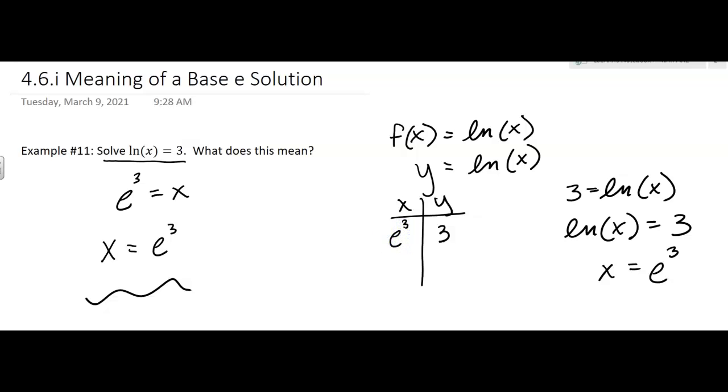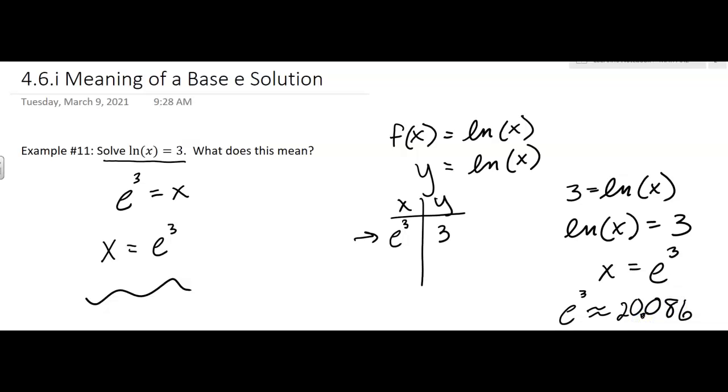Well, what would that mean in the world of a graph? This has an approximation. Put it in your calculator, e to the power of 3, and what do you get? Well, e to the third power is approximately, and you should do that on your calculator, so stop the video and do that, but it's about 20.086 if I go 3 decimal places.